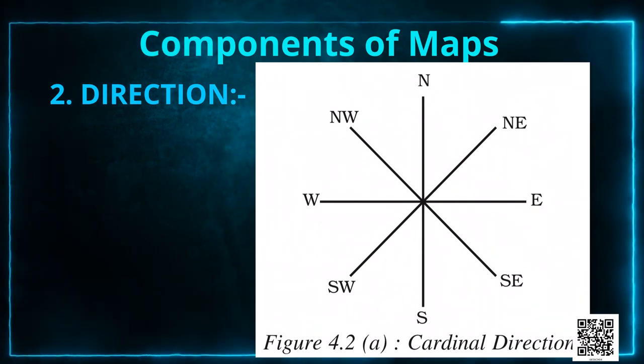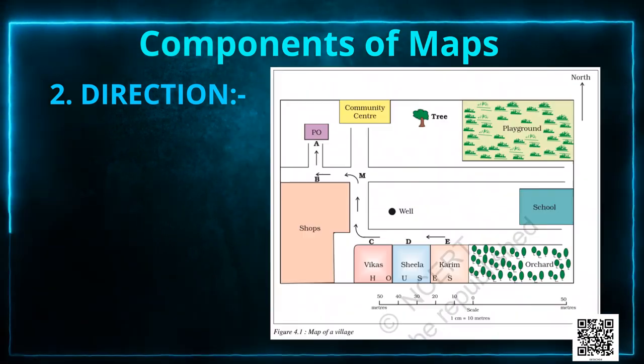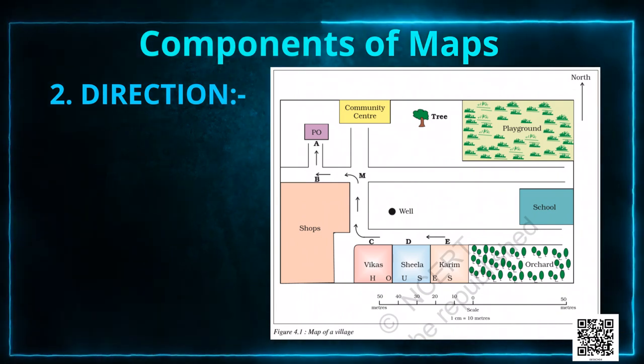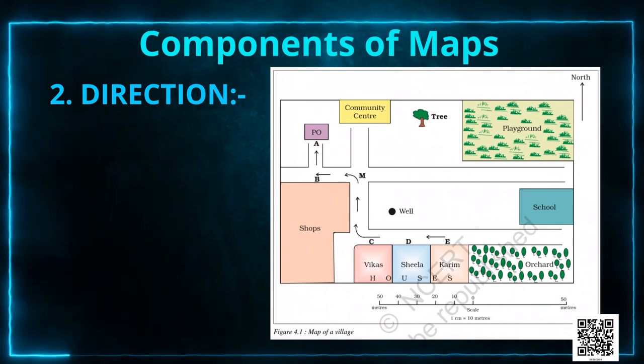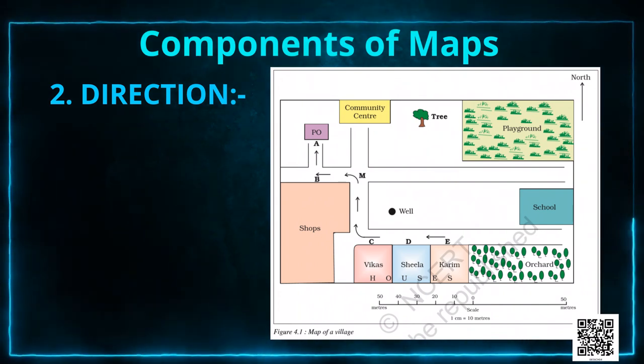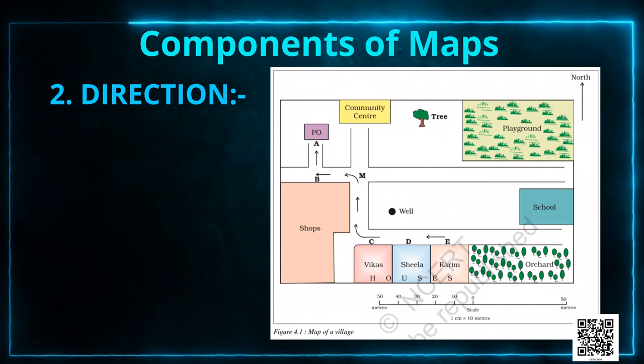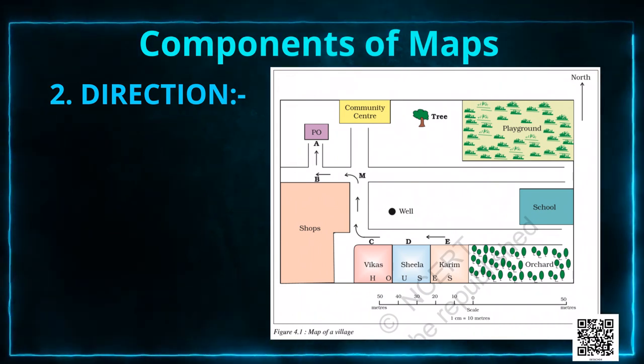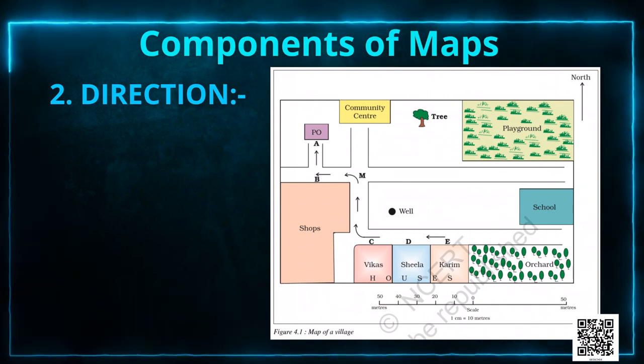So students, find out the following directions from figure 4.1. The direction of the community center. The playground from Vikas House. So, you see here, this is Vikas House and this is community center.